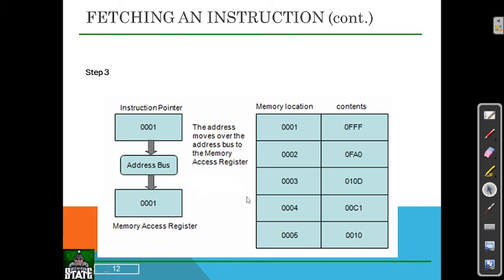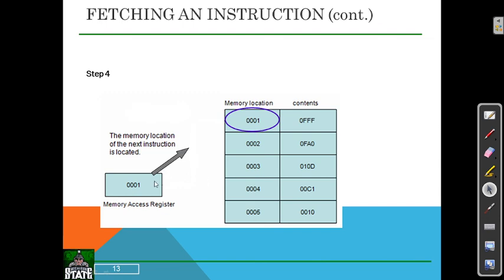Then the memory access register holds the address, 000FFF011, which moves over the address bus to the memory access register. Likewise, if the memory access register denotes these memory locations, it will automatically point to these memory locations. Likewise, the fetching action will take place.